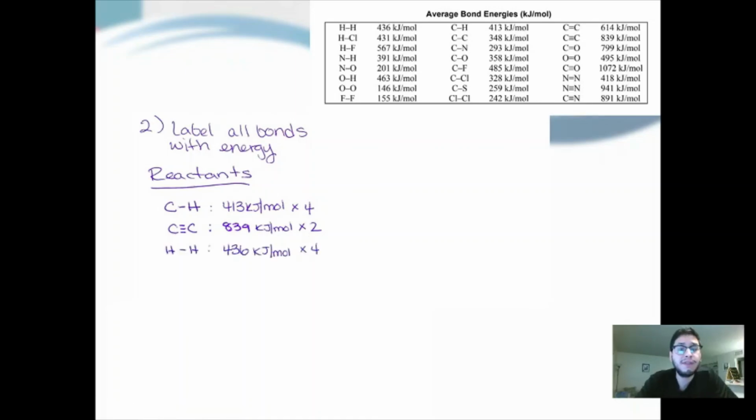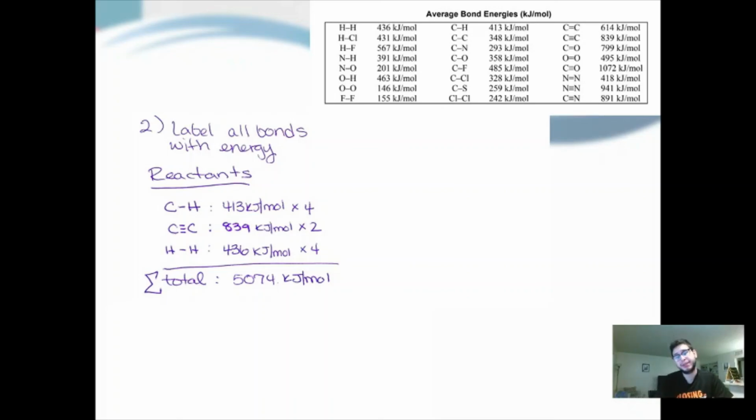I also have 4 bonds of HH bonds, and that has a value of 436 kilojoules. I'm going to multiply it by 4. I'm going to add all of that up, and that should give me approximately 5,074 kilojoules. So the summation of the bond energies of my reactants is 5,074 kilojoules. So this is just the reactants.